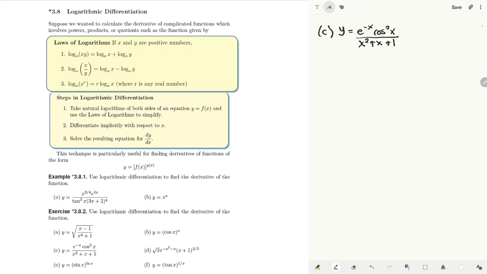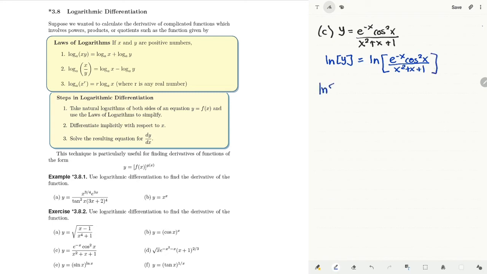So our next example is y equals e to the negative x times cos squared x all over x squared plus x plus 1. So let's use logarithmic differentiation. So we have the natural log of y is equal to the natural log of e to the negative x times cos squared of x all over x squared plus x plus 1.